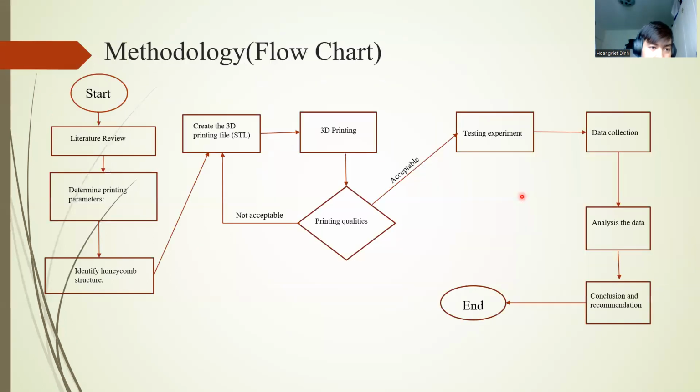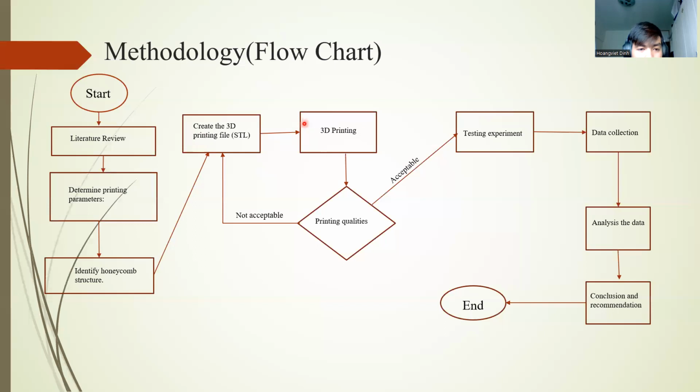For the next slide, I go through the methodology flow chart. I will start at the literature review, and after that determine the printing parameters and identify the honeycomb structure, then create the 3D printing file and convert it to an STL file.